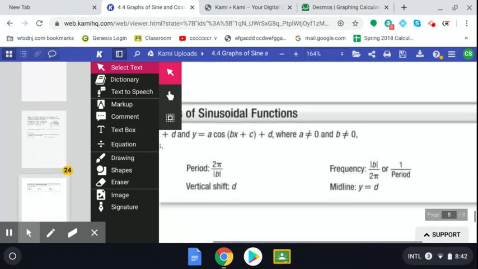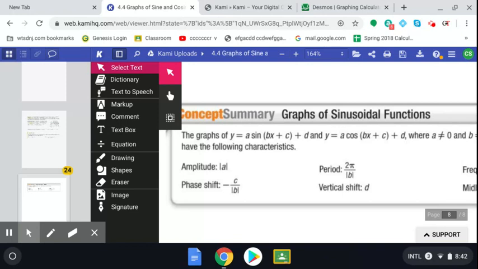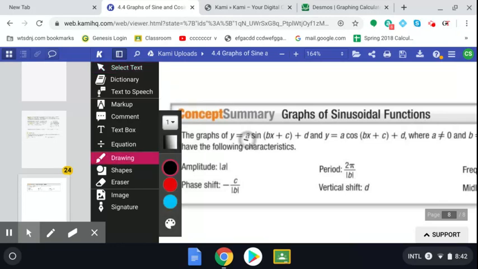I'm going to submit some more examples at a later date, but you have the summary for graphs of sinusoidal functions. y equals a sine of bx plus c, plus d. The amplitude is always that number in front of the function. This is your amplitude, how much it's going to go up and down. bx plus c is related to the period and the horizontal phase shift.